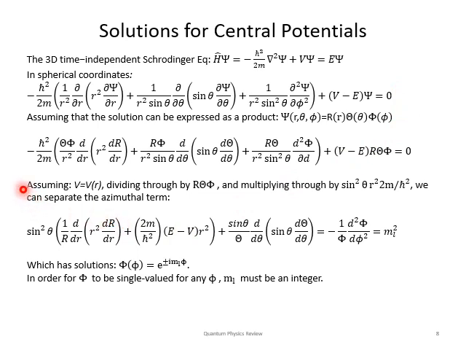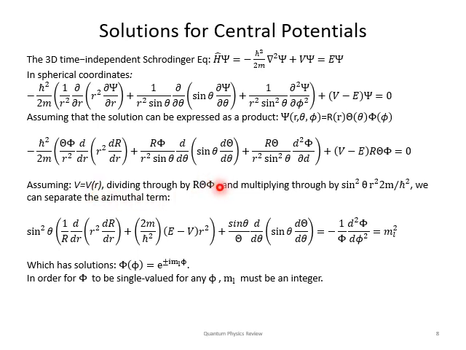Now we're going to make a number of assumptions that are going to allow us to look at specific behavior of the solutions to this equation. Number one, and most important, we assume that the potential is purely a function of distance from the origin. There are no angular dependencies to the potential.